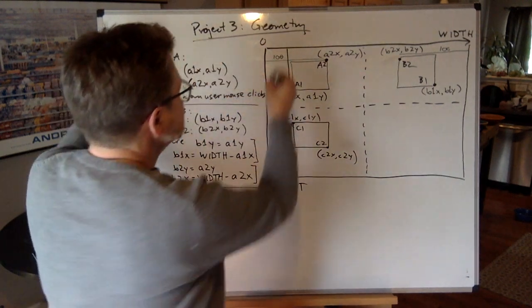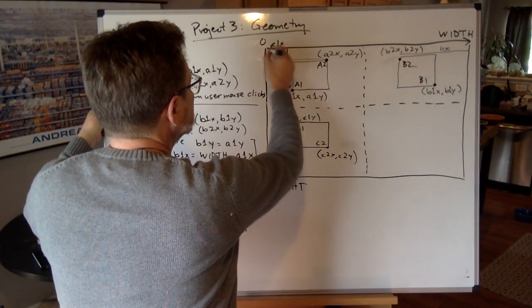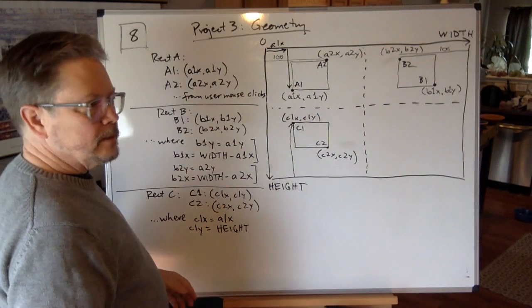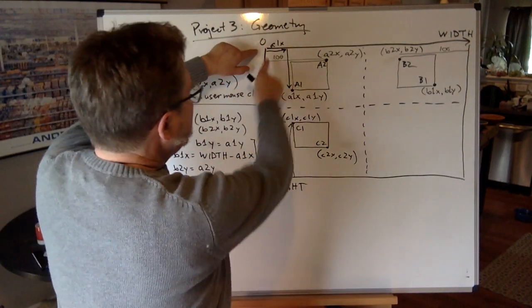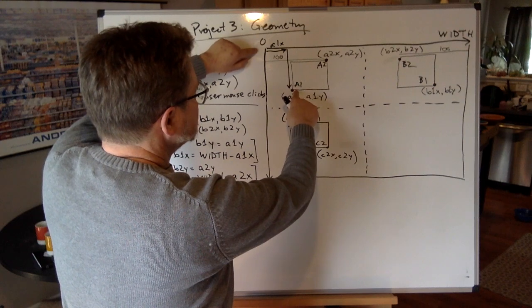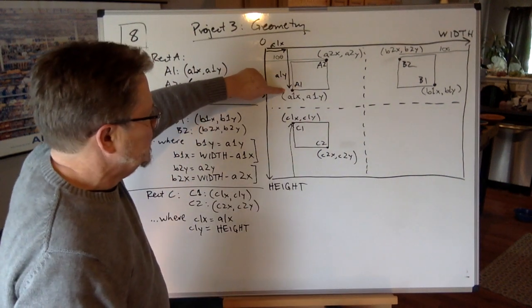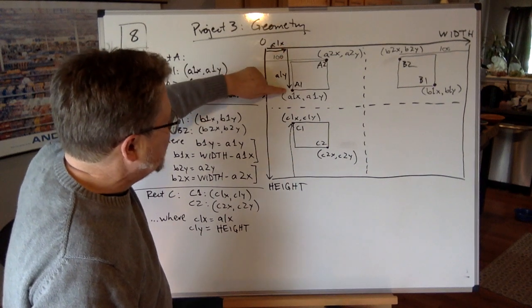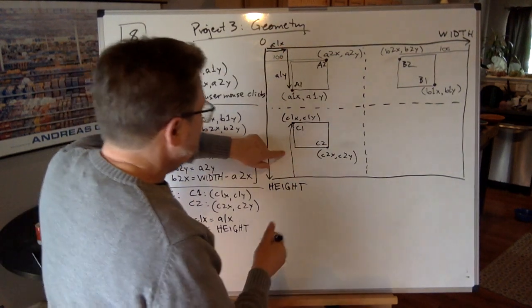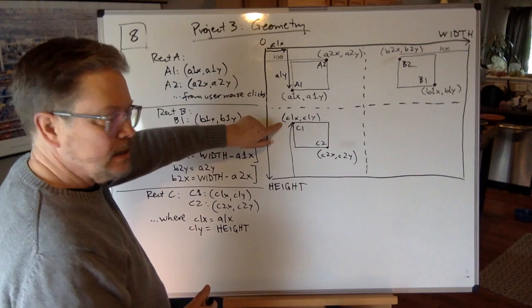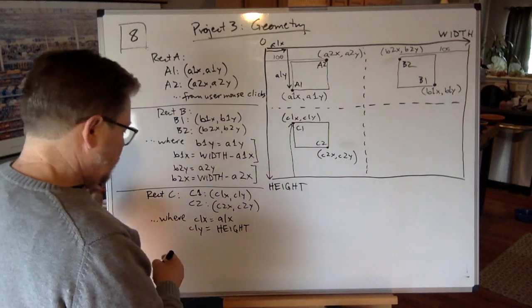This is A1x, going across that way. This picture's already hopelessly messed up anyway, I might as well trash it. A1x is how far I went over to get to this point. A1y is how far down I went to get to that. So if I've got to go down A1y to get to A1, I've got to go up A1y to get to C1. I'm not going to call it A1y down here.